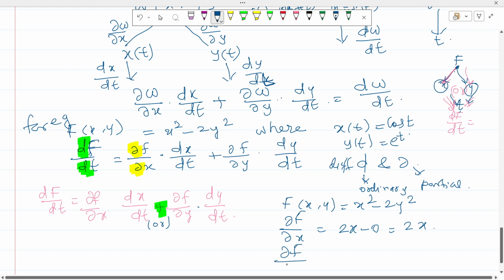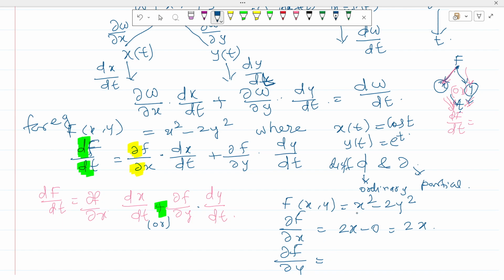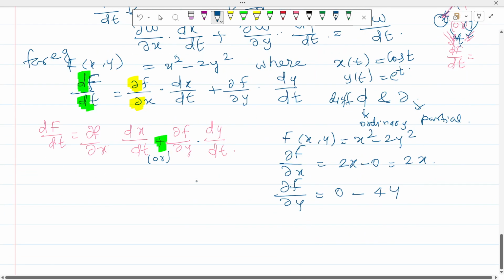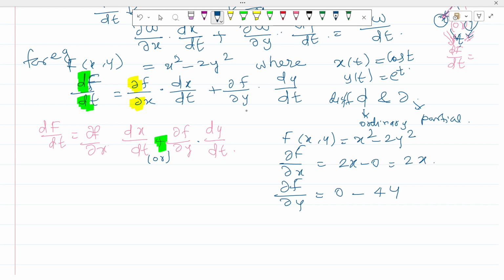Similarly, dou f by dou y is the differentiation of f with respect to y, so keep x as a constant. Differentiation of a constant is 0, and differentiation of 2y square is 4y. So dou f by dou x is over, dou f by dou y is over. Next we have to find dx by dt, dy by dt.